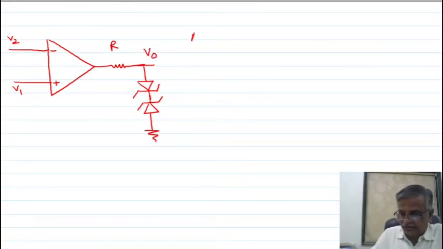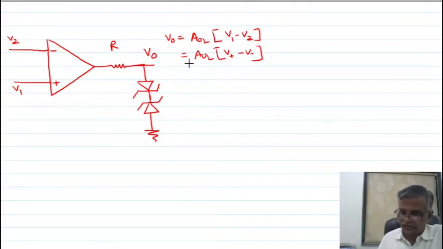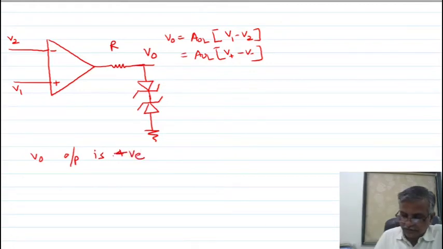See here, you can write the equation of the output voltage: it is nothing but the gain multiplied by the difference of the input voltages, V plus minus V minus. Now, when VO, the output, is positive, let me say this is Z2, this is Z1.